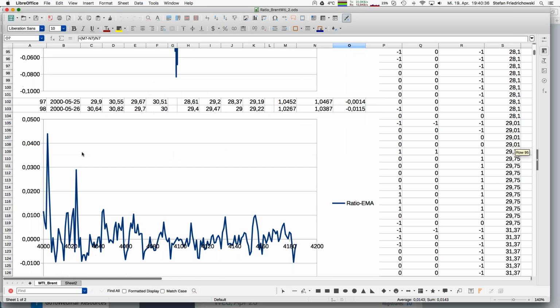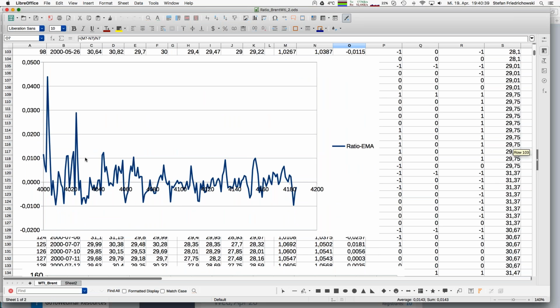You will see it here if I zoom once again into that. So what is in the chart? In the chart is the difference between the actual ratio and that EMA on that ratio. And now it becomes obvious what we want to trade. Think about two horizontal lines, one a little bit in the plus, one a little bit in the minus. Whenever that difference between actual ratio and EMA on the ratio is above that line, that is a trigger for a trade.